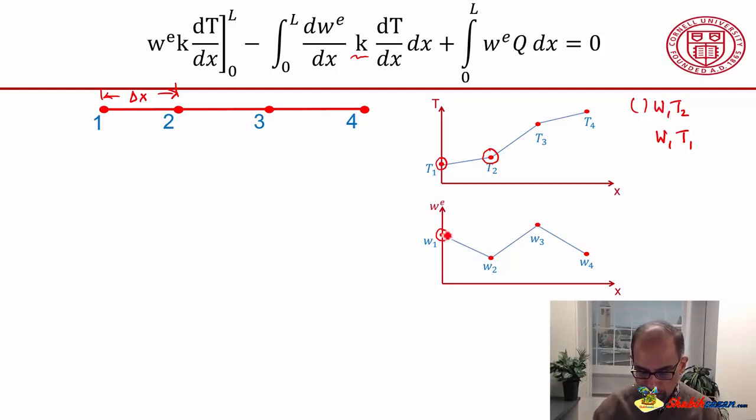Then let's consider W2. When you do the integration over the first element, you will get a term where W2 multiplies T1, and you will also get a term where W2 multiplies T2.